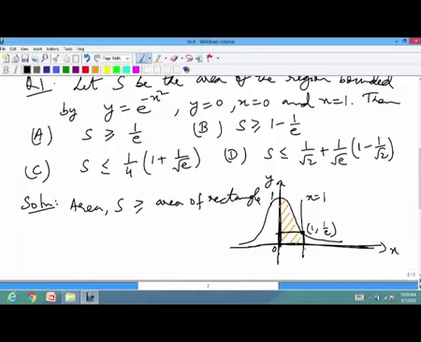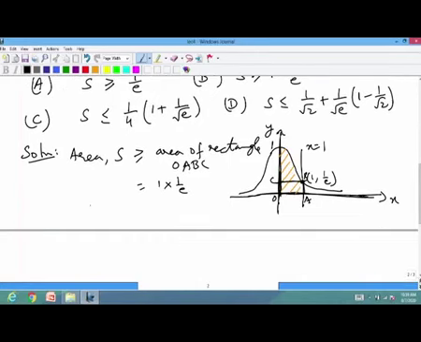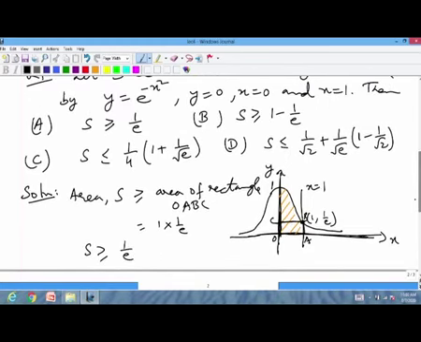Let us call this point A, B, C, O, A, B, C, which is equal to 1 times 1 by e. So, S is bigger than equal to 1 by e is clearly correct. So, A option is correct.